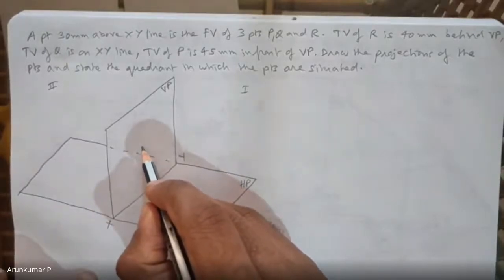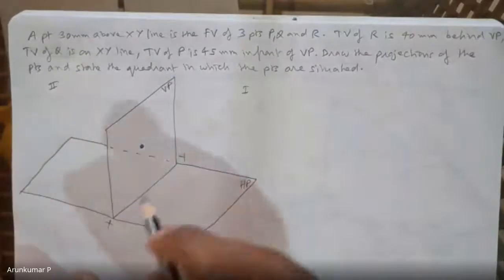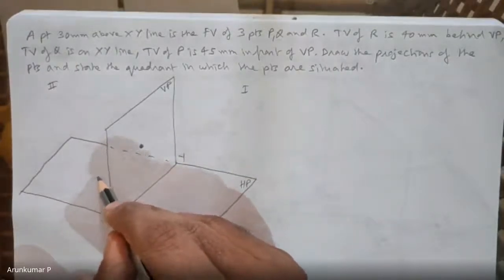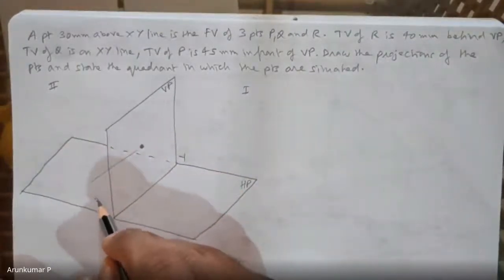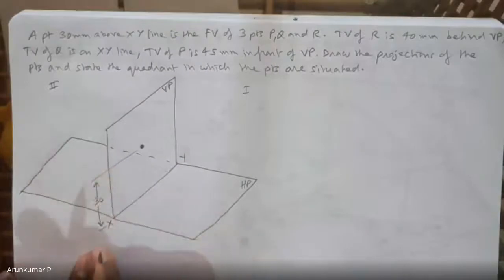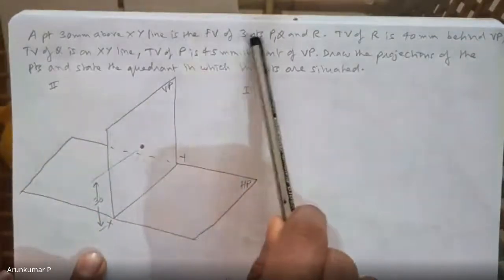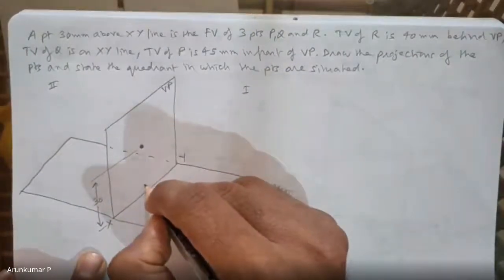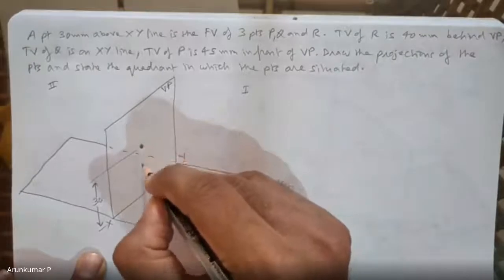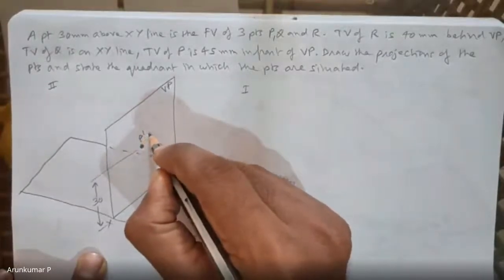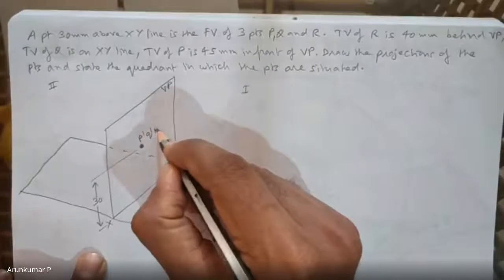So let us say that this point here is 30 mm above XY line, or you can say 30 mm above HP, and this is a point which is the front view of all the 3 points P, Q and R. That means this point which is on VP and above XY line, this is P dash, this is Q dash, this is also R dash.